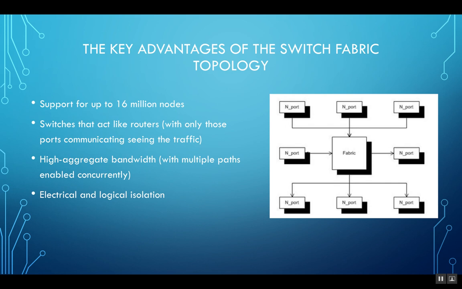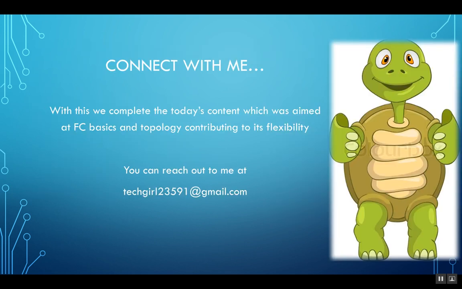You can do hard zoning and you can do soft zoning as well. So these are the three main topologies that fiber channel works on, and switch fabric is the most used one these days.